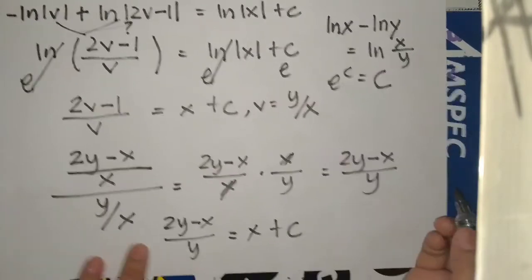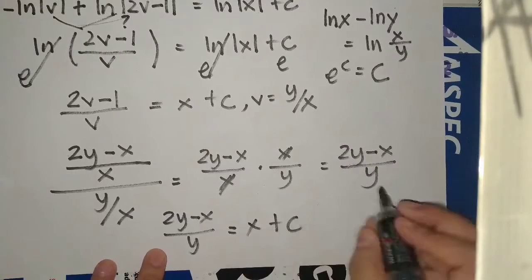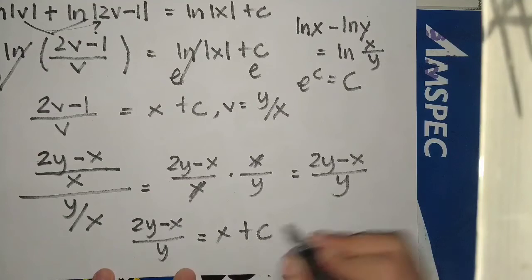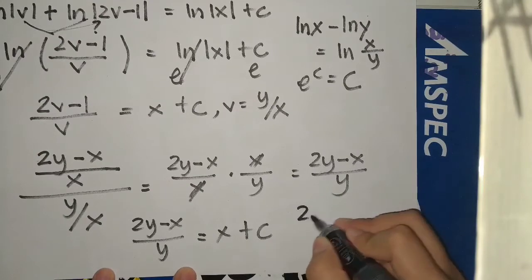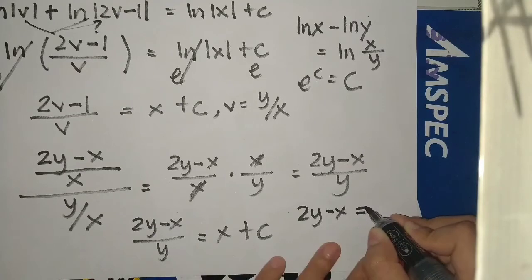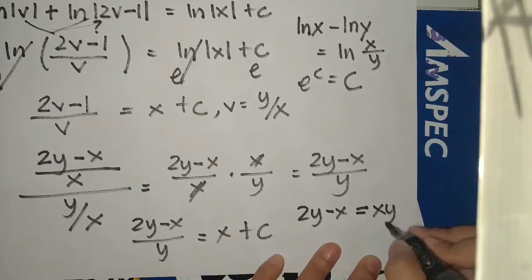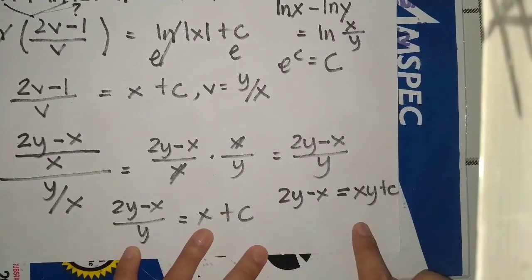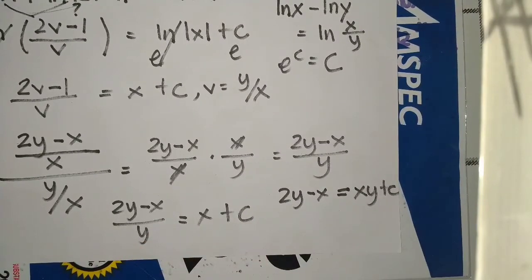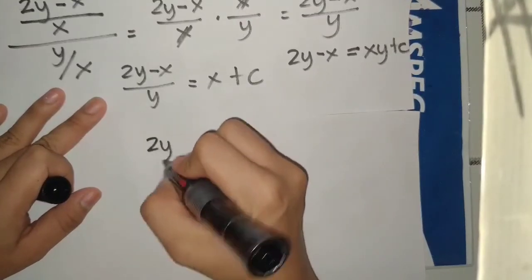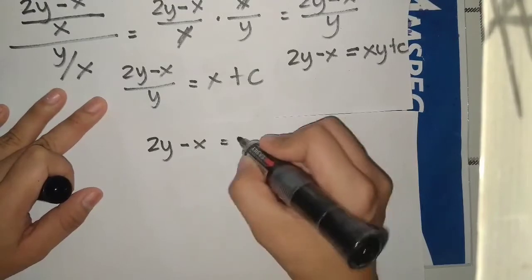So we have to multiply everything by y. So we will obtain 2y minus x is equal to xy plus c. So let's get a new paper again and continue our problem. So now we have 2y minus x is equal to xy plus c.